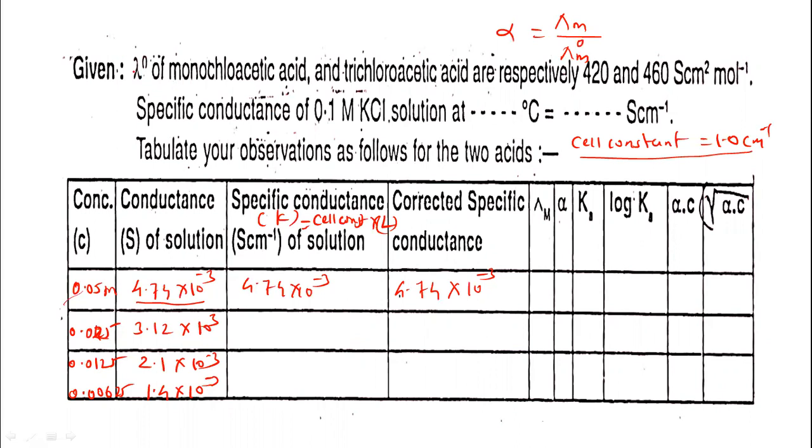You can see here that the molar conductance of monochloroacetic acid and trichloroacetic acid at 0 concentration is given: 420 for monochloroacetic acid and 460 for trichloroacetic acid.